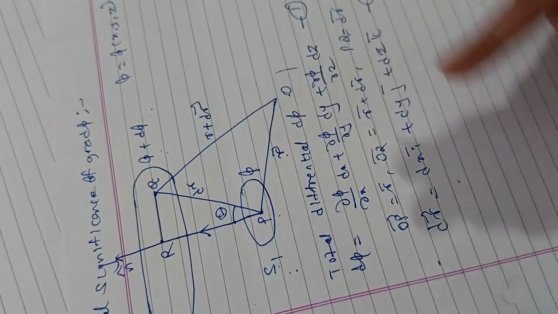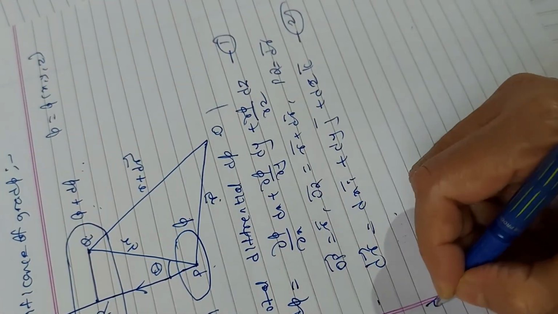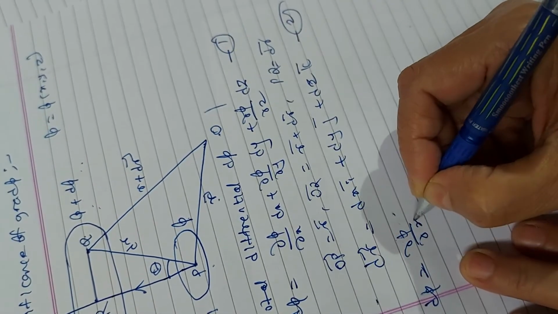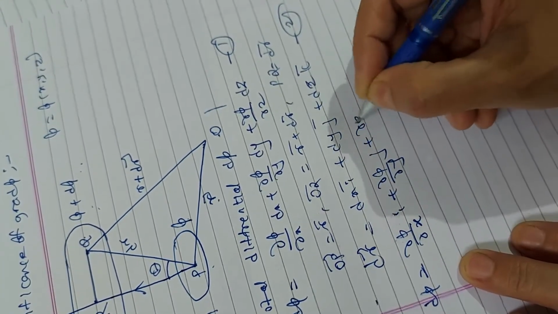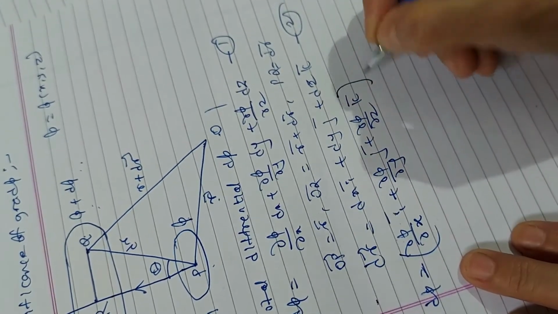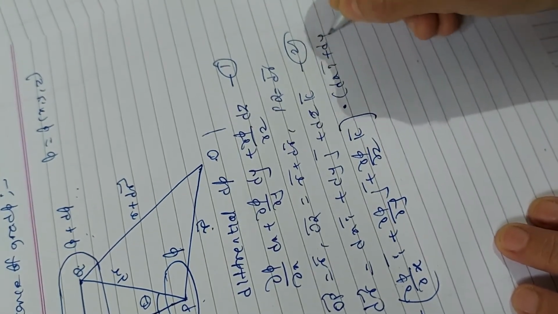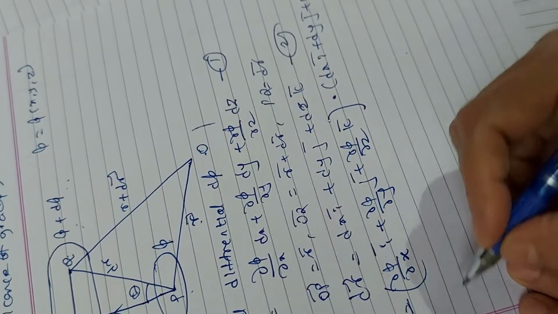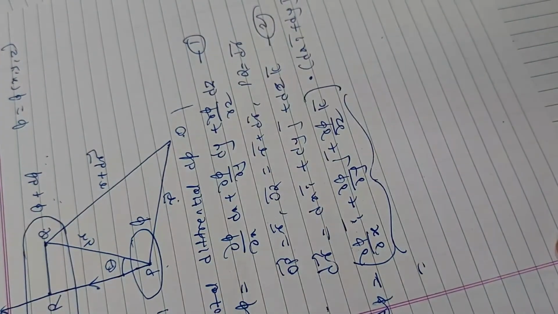So equation number 1, how can we write it taking this into account? We can write d phi is equal to del phi by del x i plus del phi by del y j plus del phi by del z k, dot this value dx i plus dy j plus dz k. Correct? And what is this bracketed term? Already we wrote this earlier.